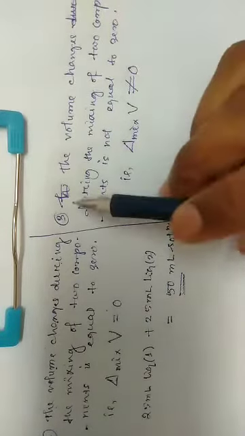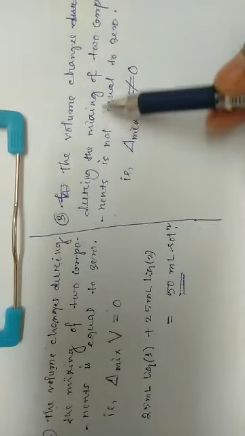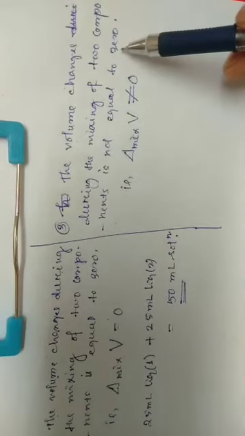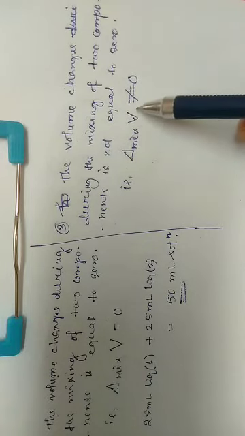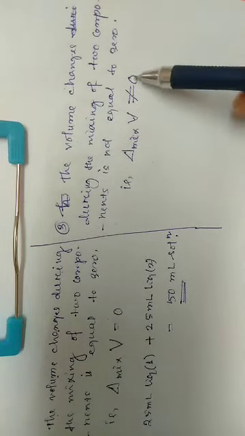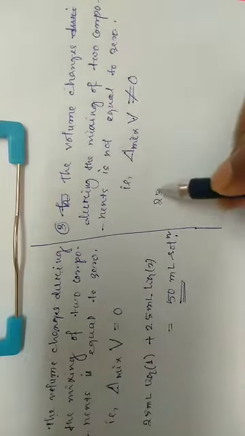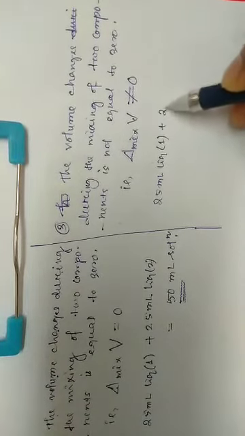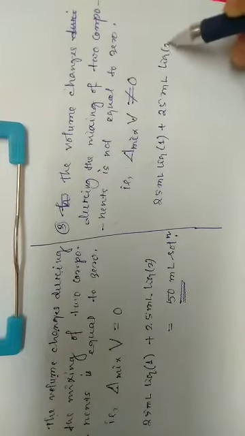But in case of non-ideal solution, the volume change during the mixing of two components is not equal to 0. So volume change may be greater than 0, it may be less than 0. Suppose 25 milliliter of a liquid 1 is mixing with another 25 milliliter of another liquid 2.